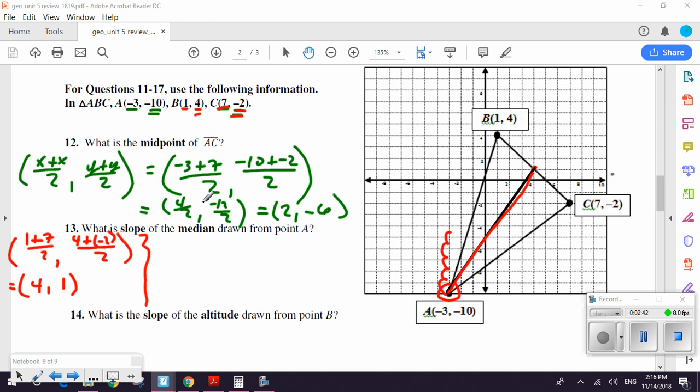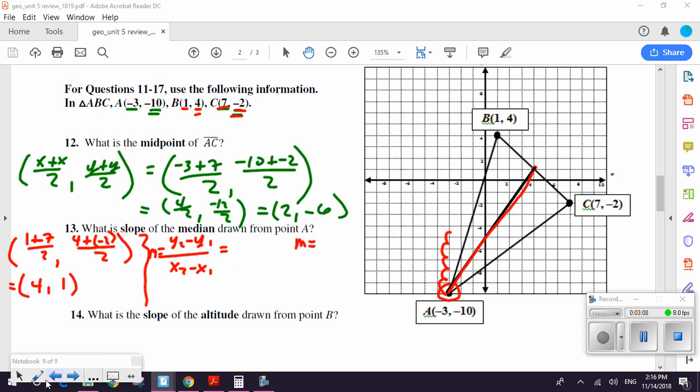Another way is to use the slope formula. The slope formula says y2 minus y1 over x2 minus x1. I would prefer that method. But again, you can count, but make sure you show the number of the count. And then you write it as m equals rise over run. Okay, so let me put m equals in front.